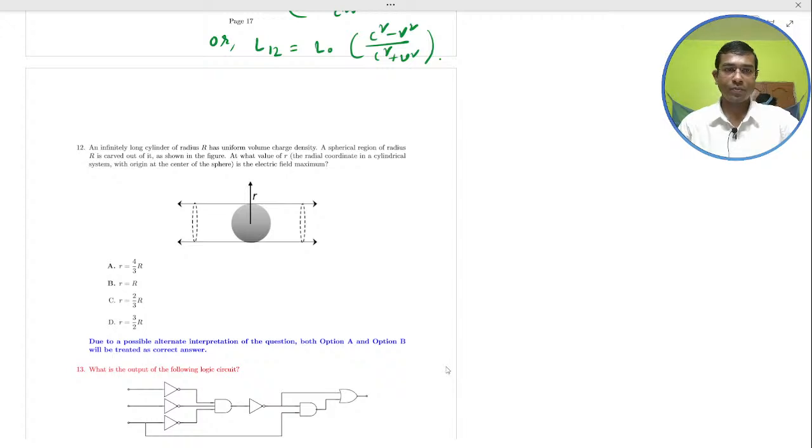At what value of r is the electric field maximum? Due to a possible alternate interpretation of the question, both options A and B will be treated as correct answers. This is declared by the JEST authority.